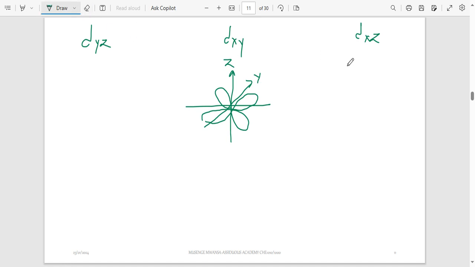If you talk about dxz, the only thing that changes is that what has not been mentioned is y. So y, what has not been mentioned, is the one where you'll be holding your hand. For dyz, what has not been mentioned is x. So x will be the one where you'll be holding your hand.